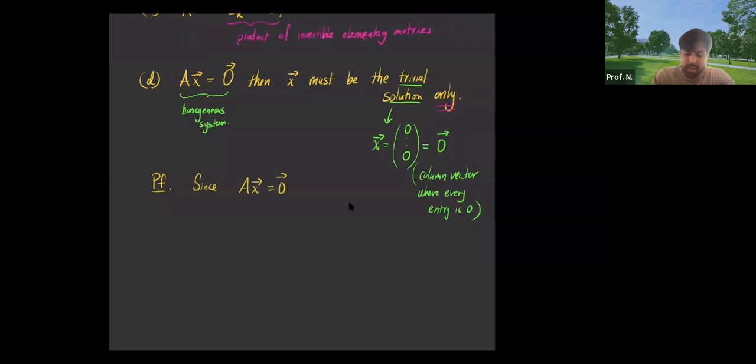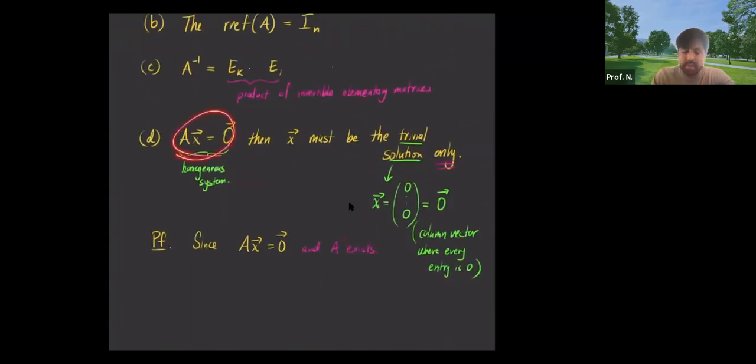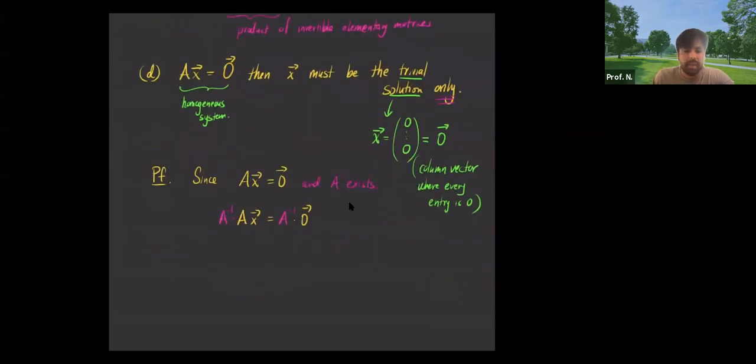Then since A and A inverse exist, because we're assuming from part A that it's invertible, and we have this homogeneous system, then we can apply A inverse on both sides of the equation.